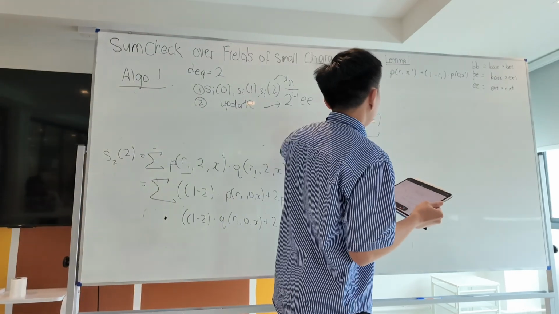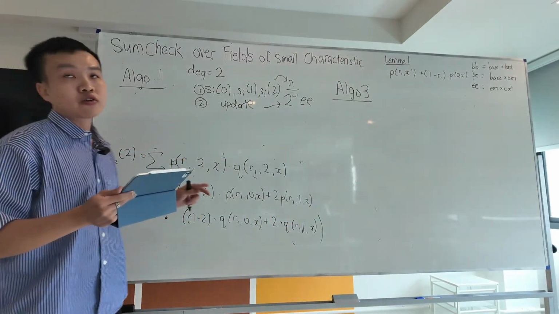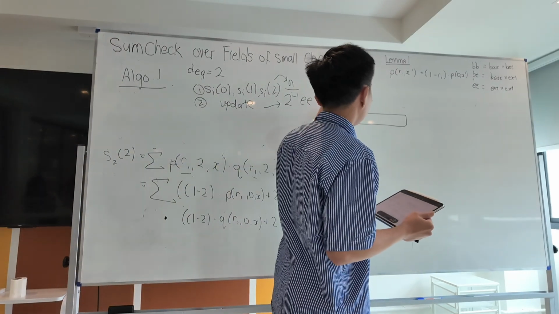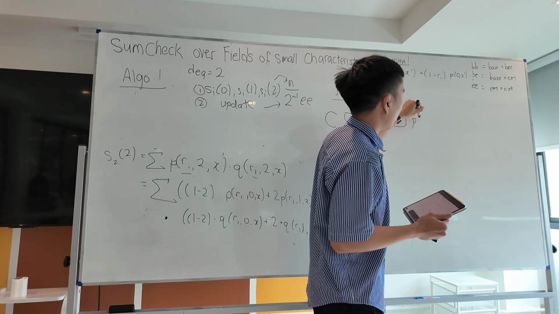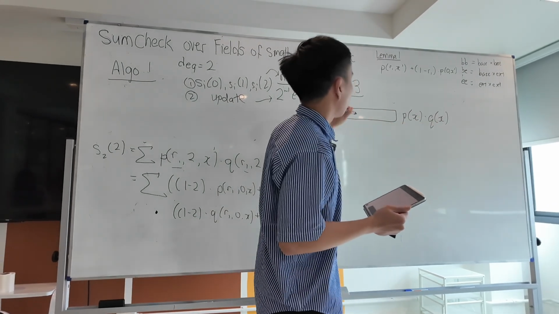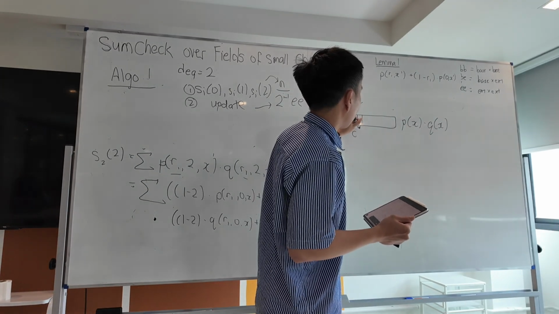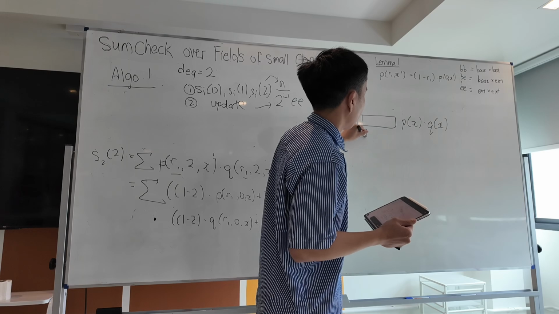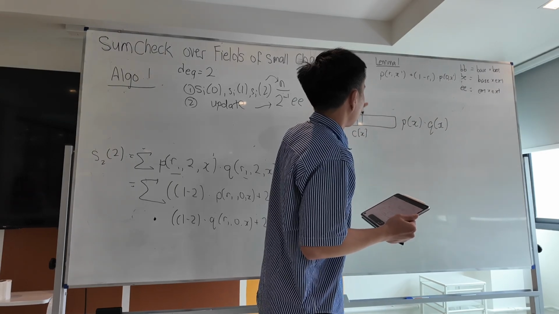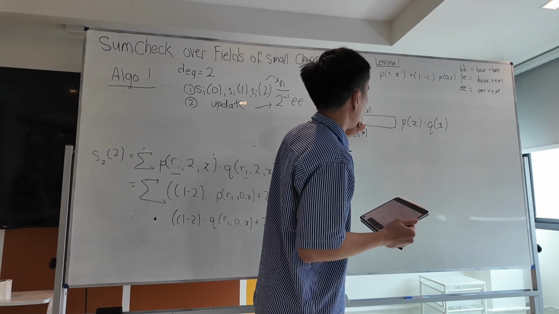But in algo 3, instead of having 2 arrays, you have just 1 array, which is C, and you store the evaluations of Px times Qx. Cx would be basically the evaluation of Px Qx.